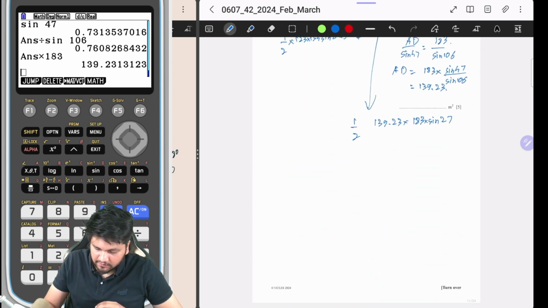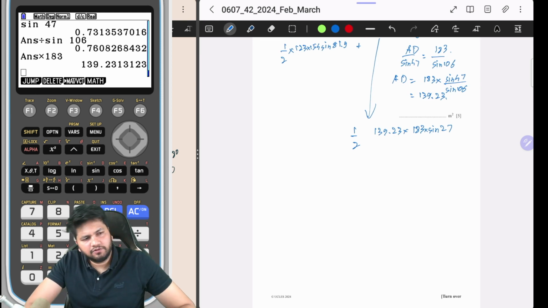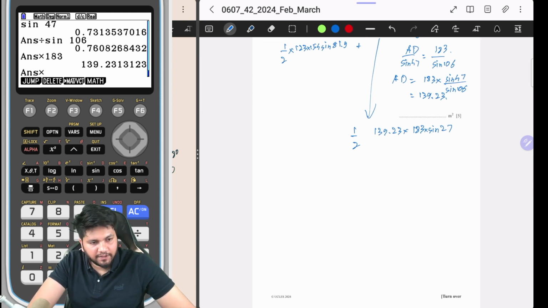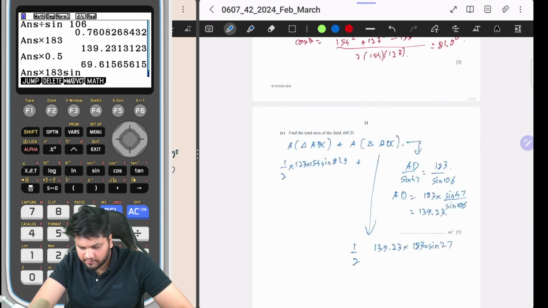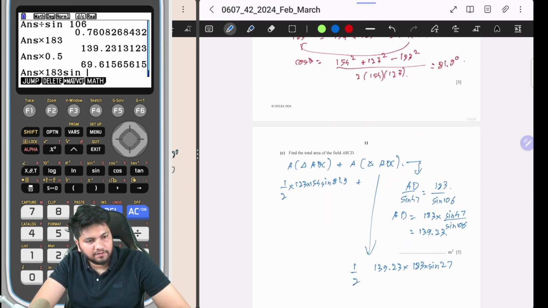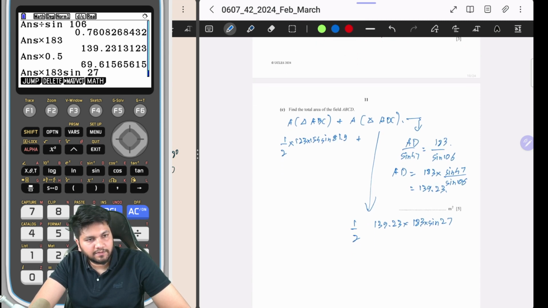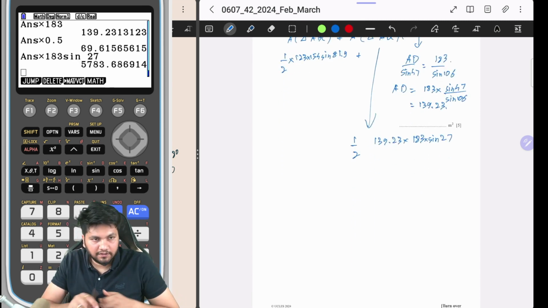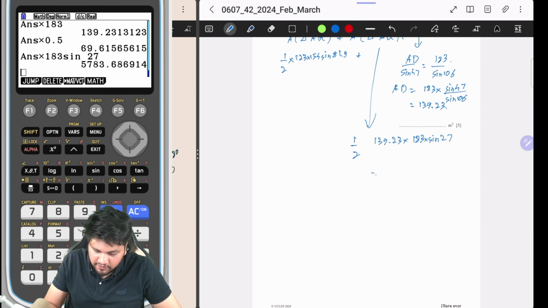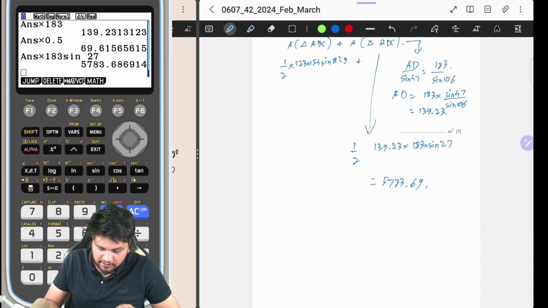Now here again I'll use answer, so you multiply by 0.5, which is half, then multiply by 183 sine of 27. Yeah, sine 27. That's my answer, which is 5783.69.